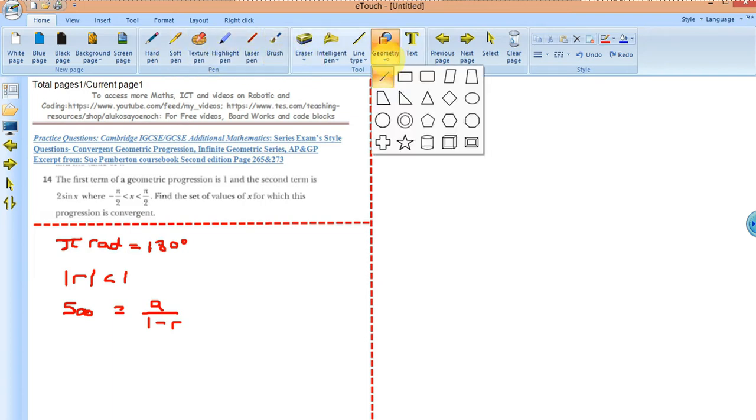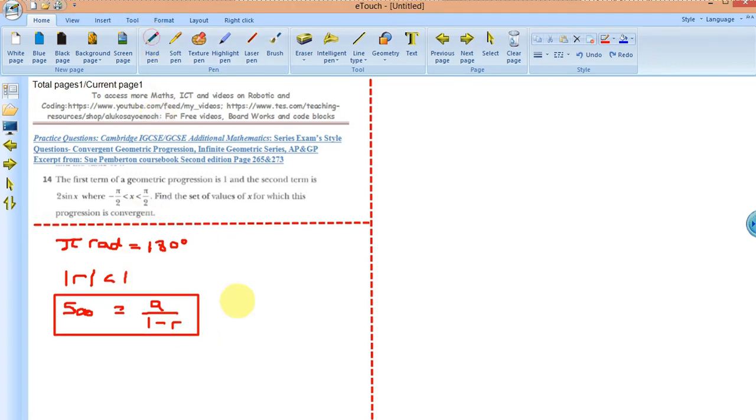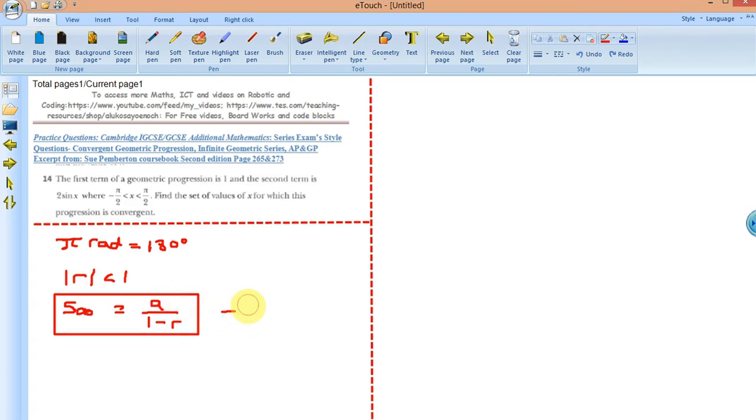Let me put this one in a rectangular box. Before you can use this formula, your common ratio must be between minus 1 and 1. That's what I mean by absolute value here: minus 1 is strictly less than r, and r is strictly less than 1.